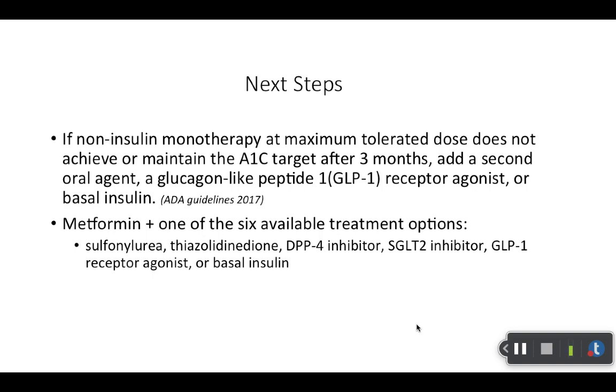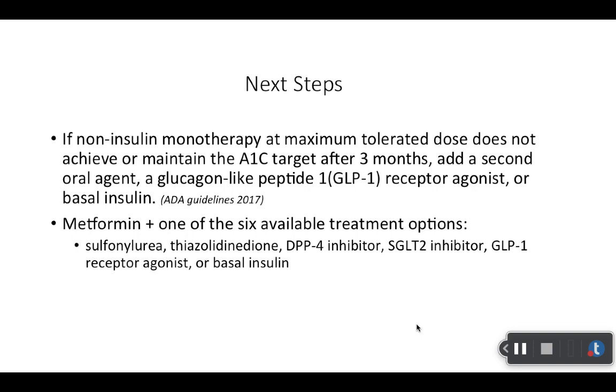And the reason I keep going back and repeating myself and saying basal insulin is because a lot of students and earlier practitioners will forget that basal insulin is part of this, and that'll also connect to the presentations. That's like rapid acting insulin. I'm sorry, not rapid acting insulin.